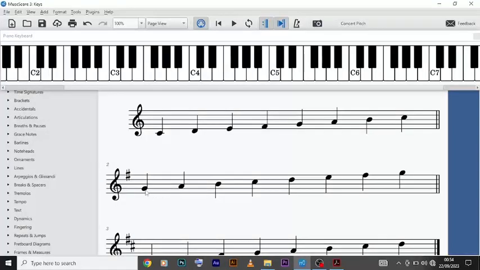Now, observe key G. Key G means we are going to start from G. This is a G on the keyboard: C, D, E, F, G. So that is where our do is. Follow the scale and you will see that you shall have one sharp.